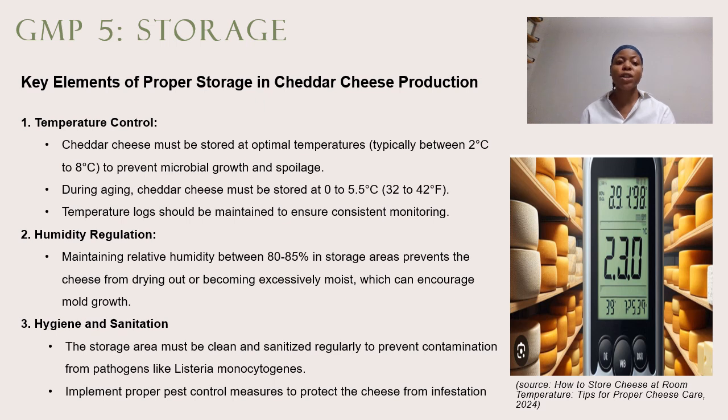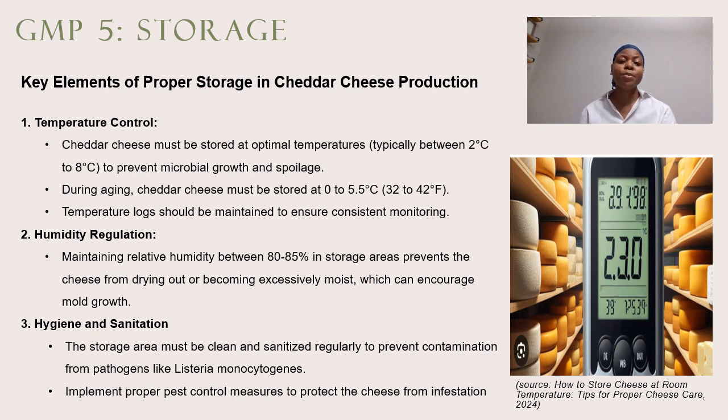The second key GMP for cheddar cheese would be humidity regulation. It is essential to keep the relative humidity of cheddar cheese between 80 to 85 percent because this could determine the growth of mold or not.